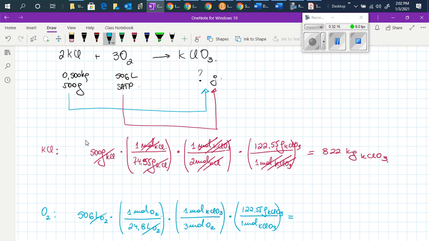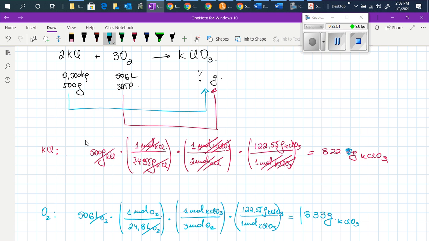In terms of the calculation, what you will have is 506 times 122.55 divided by 24.8 times 3, the whole thing. So you will have a production of 833 grams, not kilograms, of KClO3.